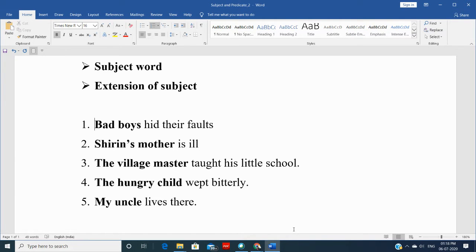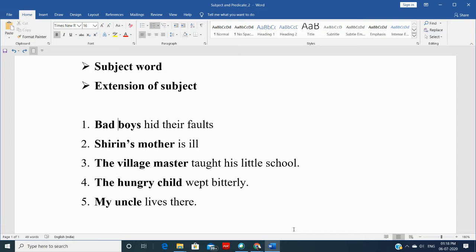That word is called the subject word. Let's see from this example itself. Here, bad boys is your subject, but if you ignore the word boys and read the sentence, "Bad hid their faults." Is it making sense? No.